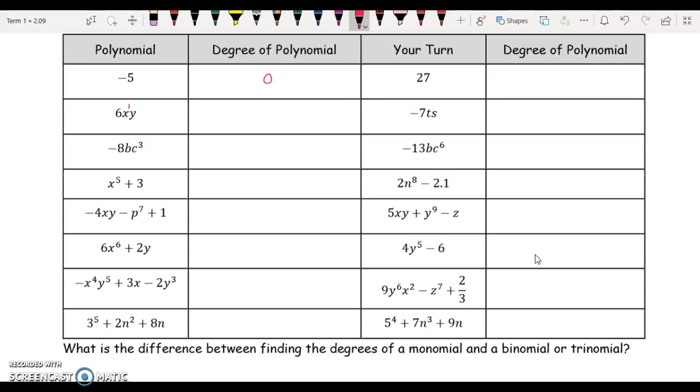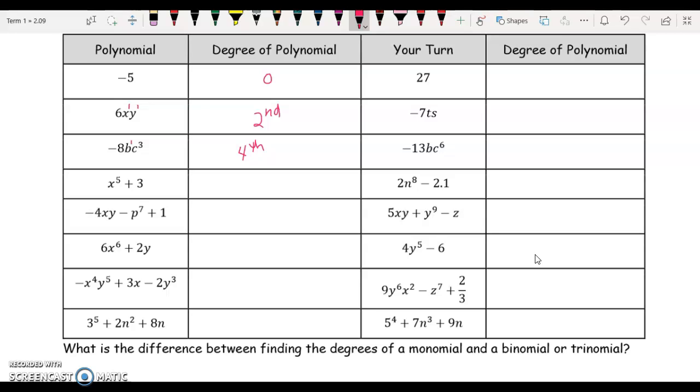Well, there's a power of 1 on each of the variables, so this is a second degree polynomial. Now, when we look at this monomial, we always add the exponents. There's a 1 here on that b, like we saw earlier, and we add those two exponents. So this would be a 4th degree polynomial or monomial.